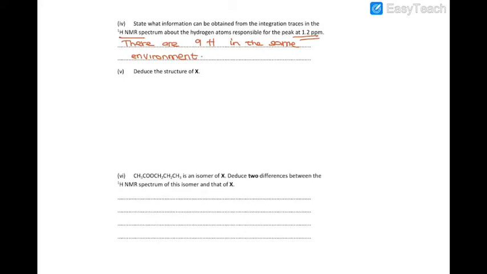From now we have to deduce the structure of X. We know it has formula C5H10O2. We have already confirmed from MS and IR that it contains COOH. From the NMR, we found that there are 9 hydrogens in the same environment, so 1 hydrogen is in the COOH and the 9 remaining are all in the same environment.